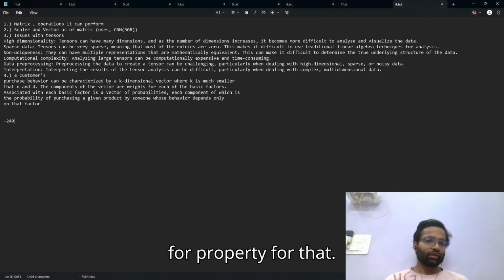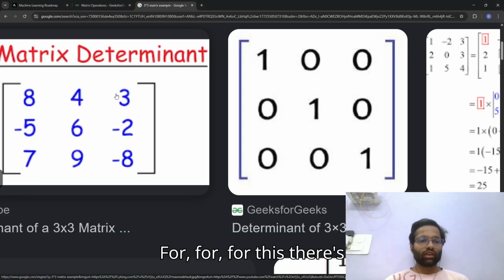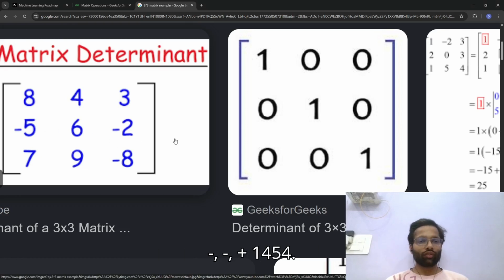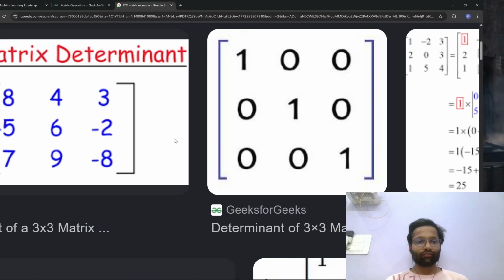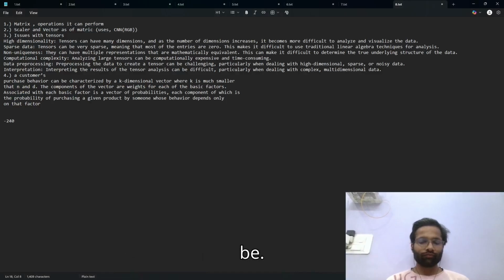Minus 240 for that. For this, ignoring, minus minus plus, 8 times 40 minus minus plus 14, 54, minus 4 into 54, so that comes out to be minus 216.